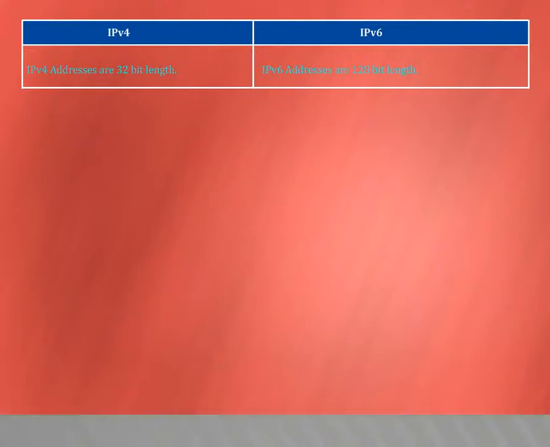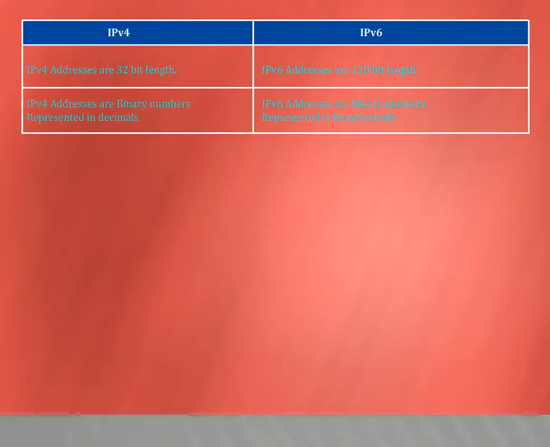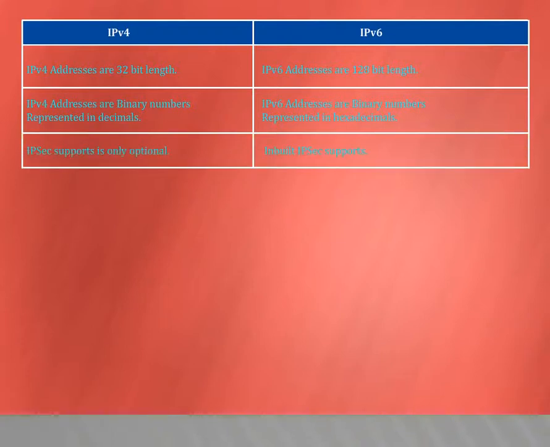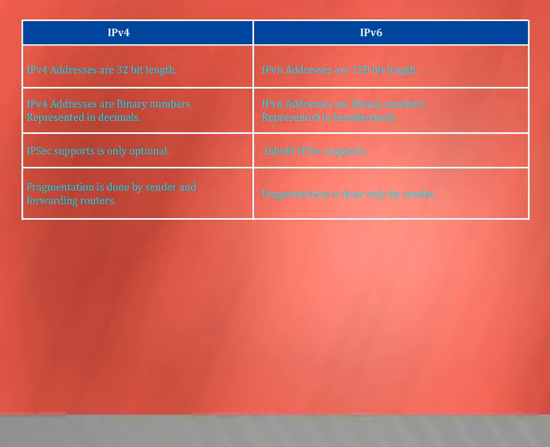IPv4 versus IPv6. IPv4 addresses are 32 bits in length. IPv6 addresses are 128 bits in length. IPv4 addresses are binary numbers represented in decimals. IPv6 addresses are binary numbers represented in hexadecimals. IPsec support is only optional in IPv4. IPv6 has inbuilt IPsec support. In IPv4, fragmentation is done by the sender and forwarding routers.